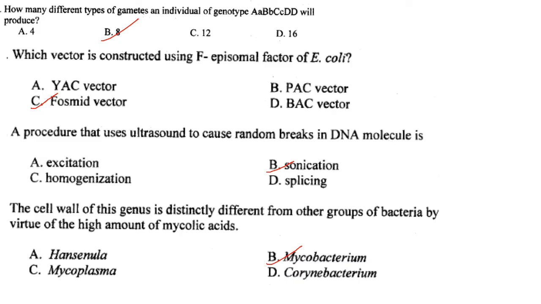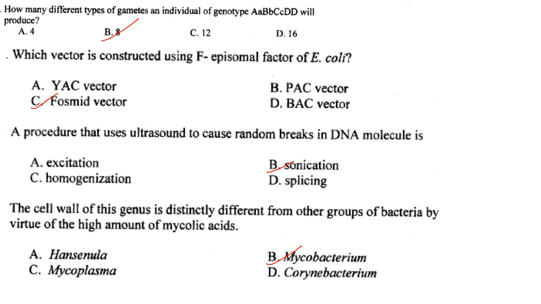Then next one. How many different types of gametes will an individual of the given genotype produce? So they have given a genotype which has 3 heterozygous pairs, that is capital A small a, capital B small b, capital C small c.